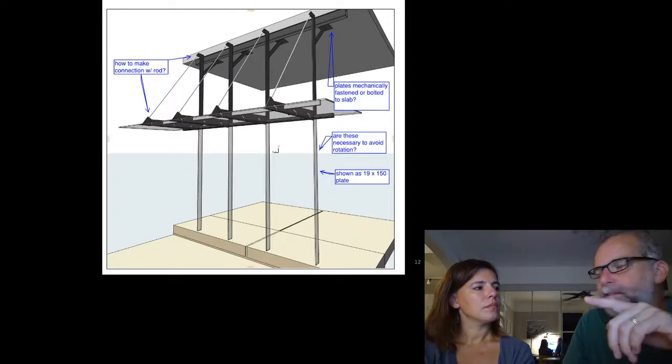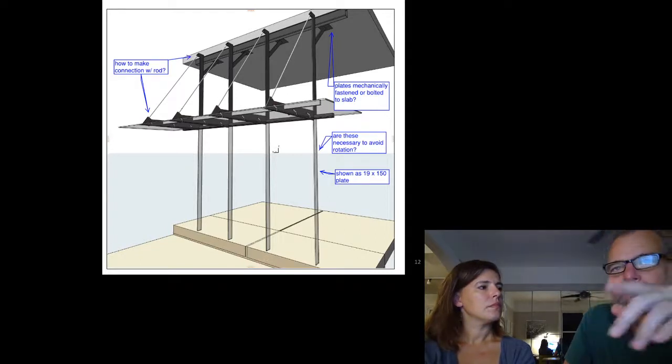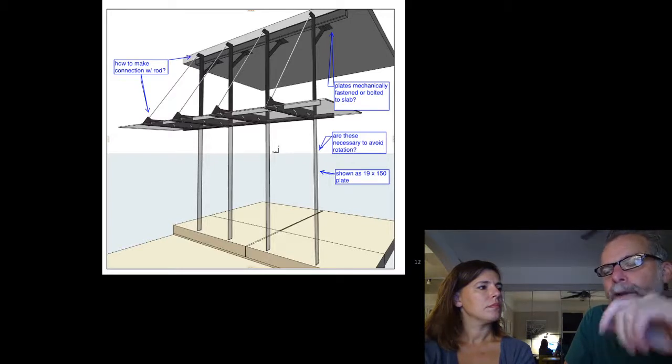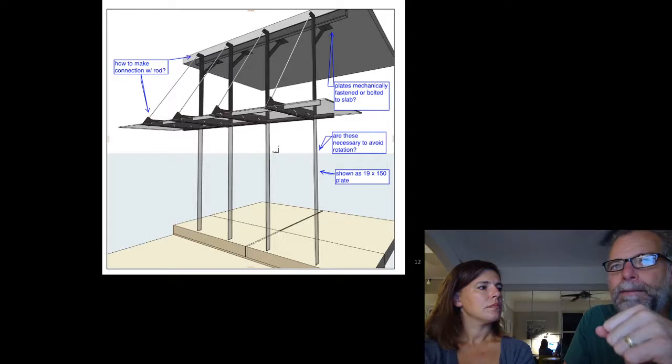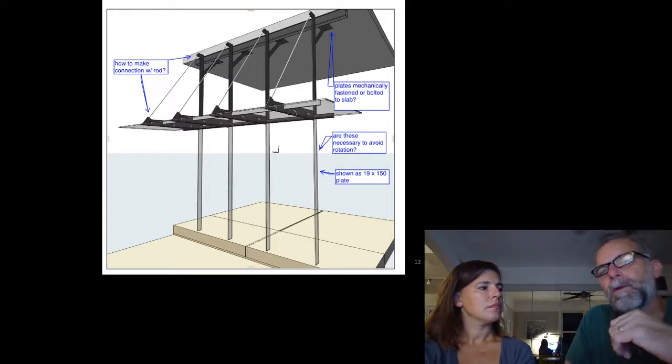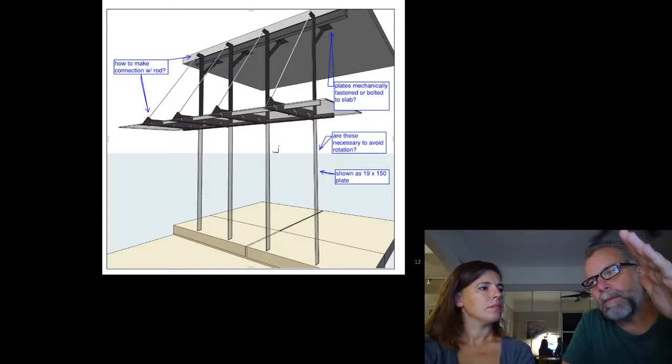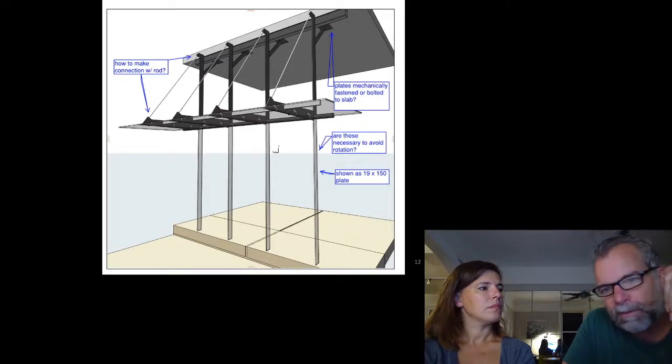One thing I have unsuccessfully tried to argue is that by making the canopy porous, we eliminate the uplift. And when we eliminate the uplift, now we don't have to worry about the fact that the rods are going to go slack. We only design for the downward load case.